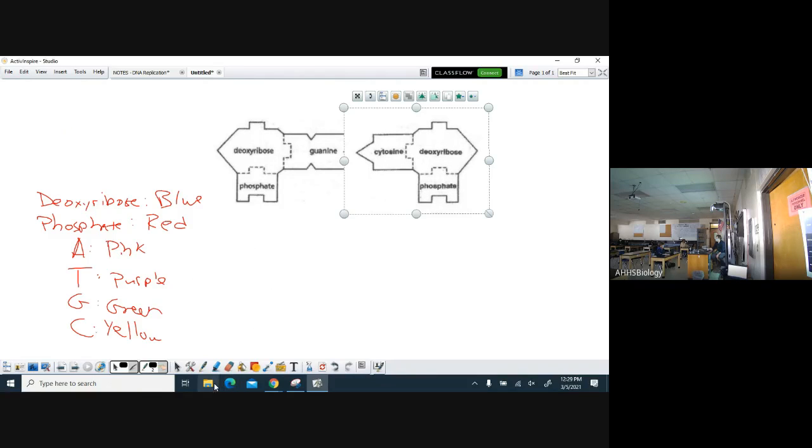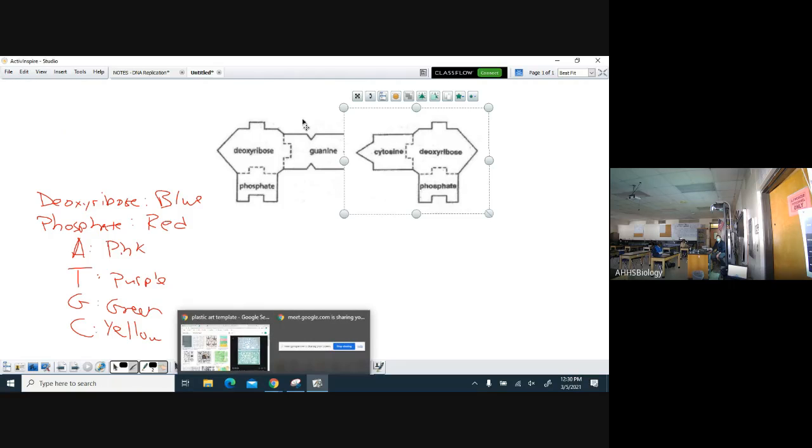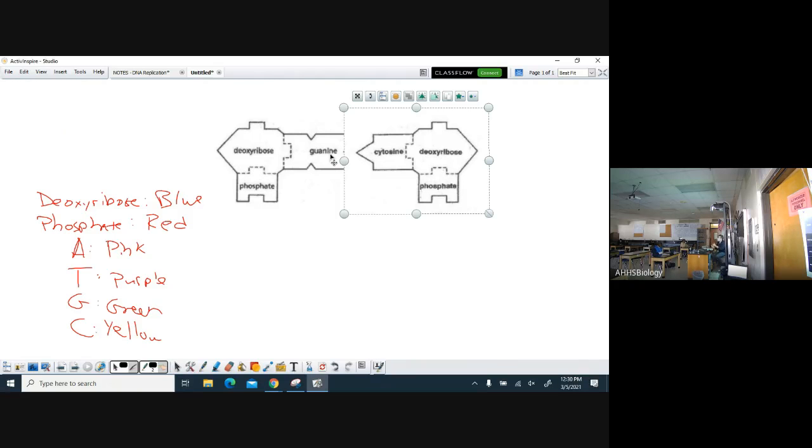Nope. I mean, it might make the puzzle, but that's not how DNA is put together. There's another part of DNA that I'm not making correct if I do it like this.